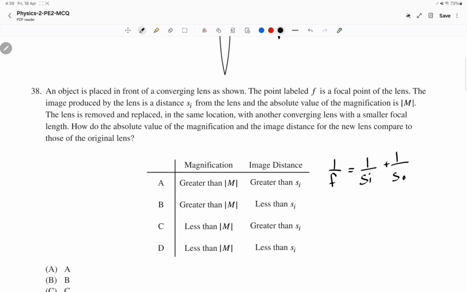Image distance will change. So look, let's see. Before, 1 over F minus 1 over SO is 1 over SI.